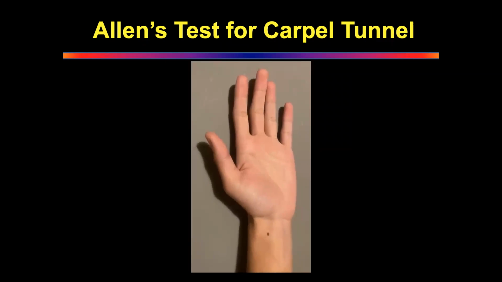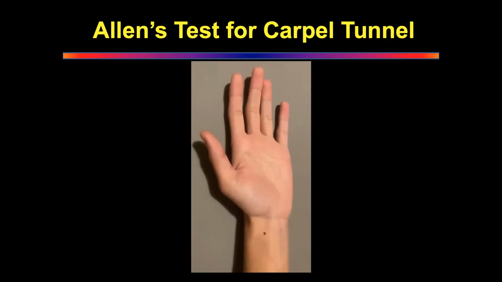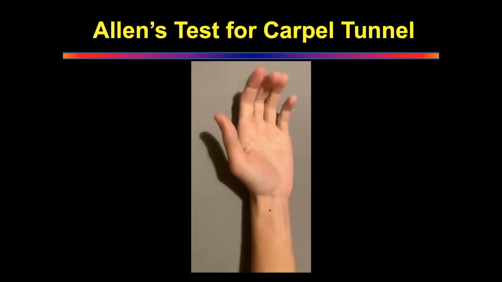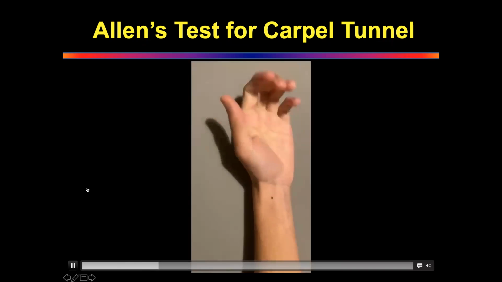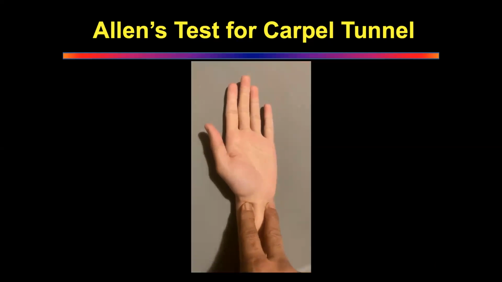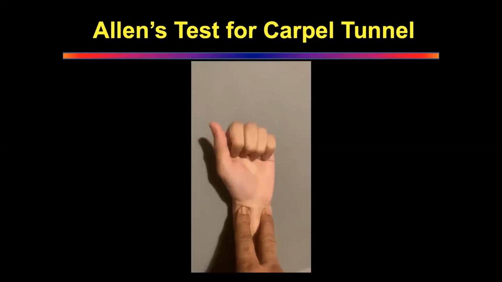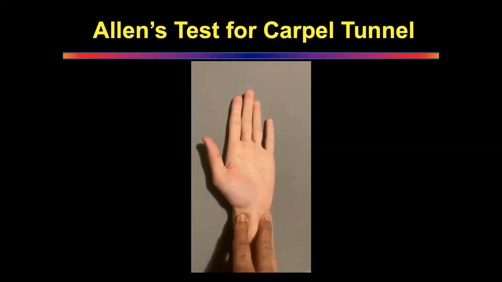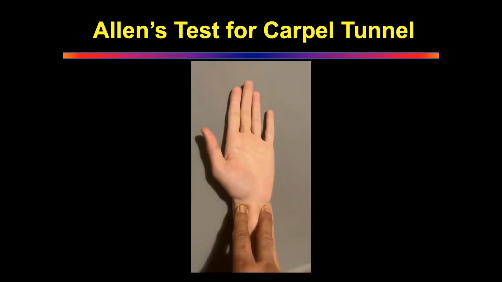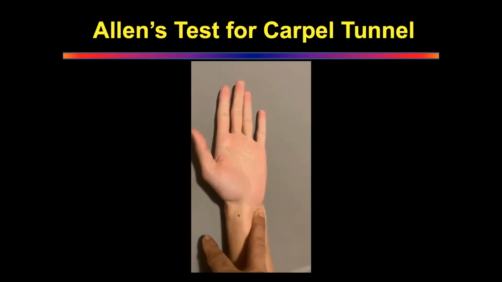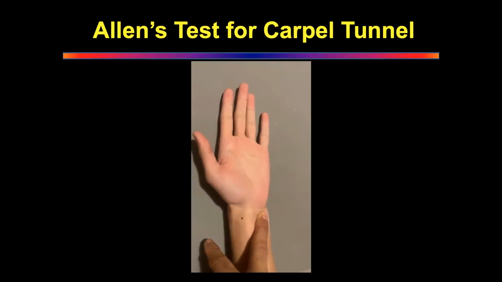In the modified Allen's test, you ask the patient to place the hand on a flat surface, and then the patient closes and opens the hand about 5 to 10 times. You then put pressure on the radial and the ulnar artery, and again ask him to squeeze a few times. Leave it open. You now want to gently release the pressure on the radial artery to look for the revascularization of the hand from the radial side.